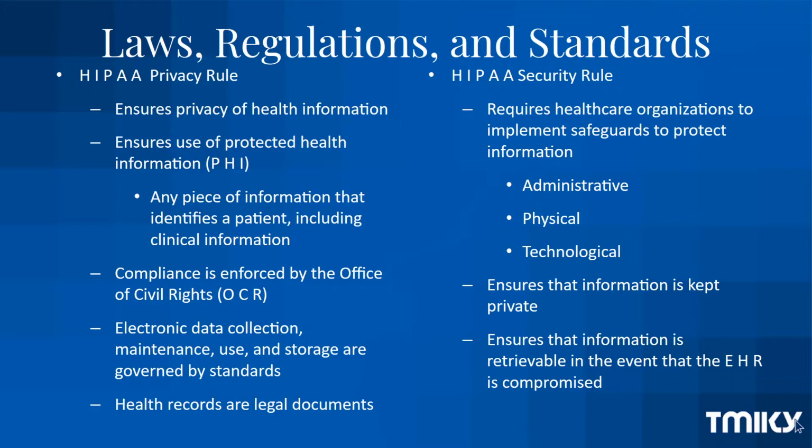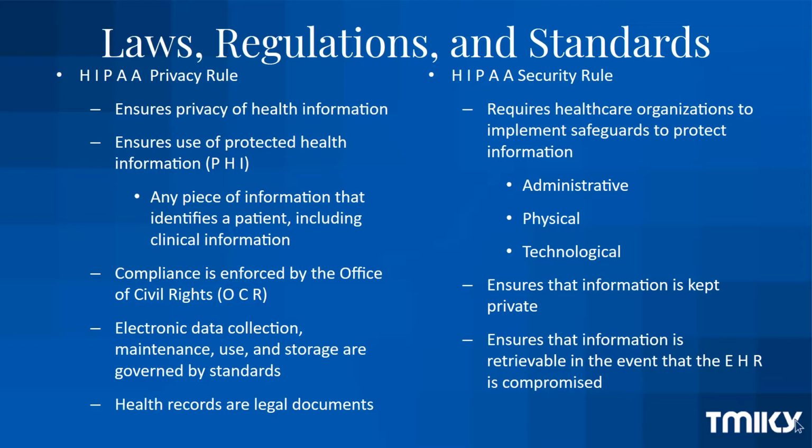There are many rules that HIPAA enforces that make sure the patient's information and treatment is handled correctly. We're going to discuss 2 rules, the privacy rule and the security rule. The HIPAA privacy rule ensures privacy of health information and the proper use of protected health information, which is any piece of information that identifies a patient, including clinical information.